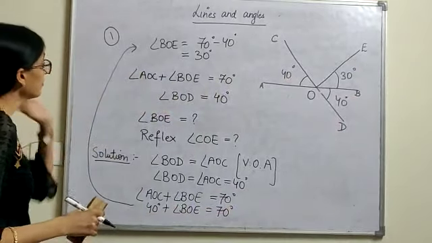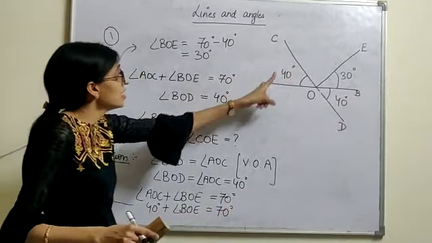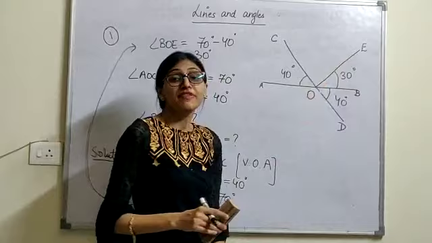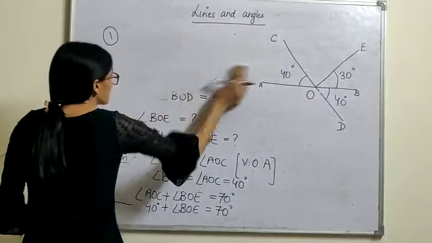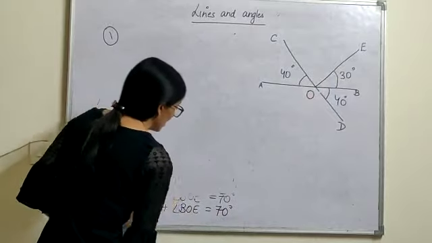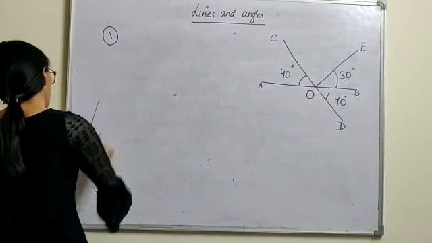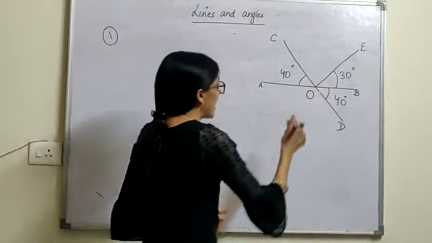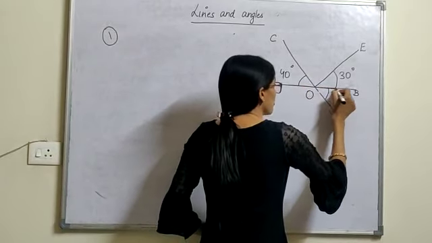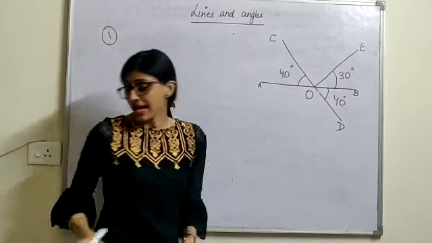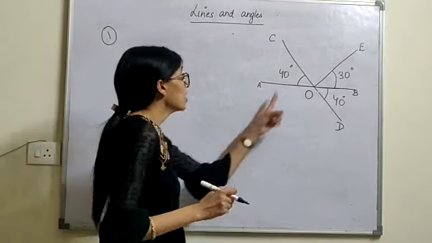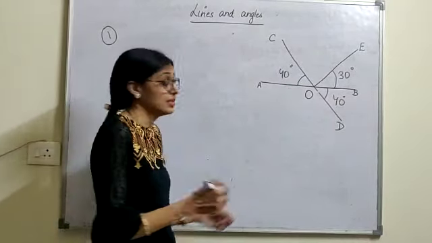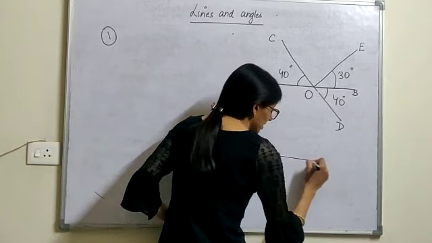Now, we have to find out angle COE, reflex angle COE. So what will we do? All these angles are on a straight line. Whenever angles are formed on a straight line, they form a 180 degree pair, that is a linear pair.